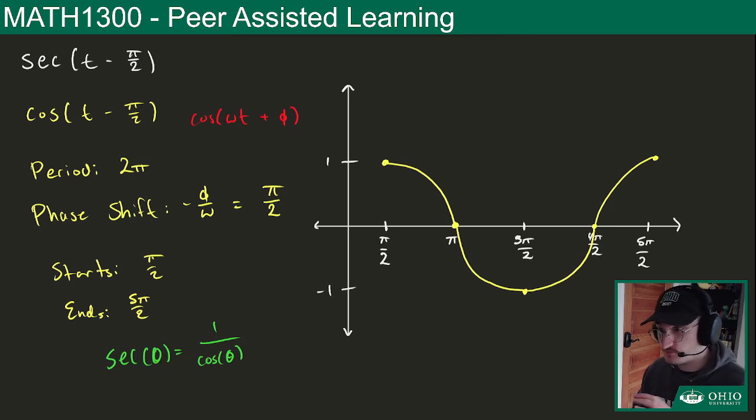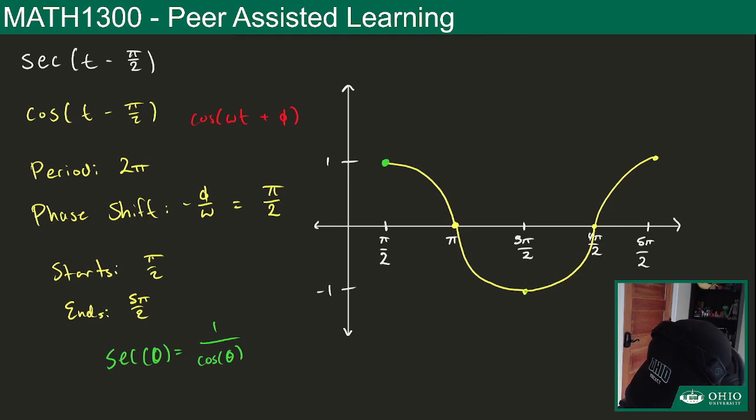Because if you remember from rational functions, if you divide by 0, you get that undefined value at an asymptote. And any place that I have 1, you're going to get a value of 1. And so we can start to fill in information as well, right? So the 1s will match up on the function.